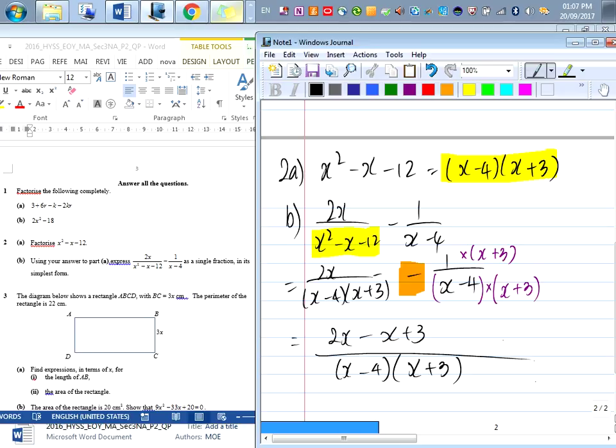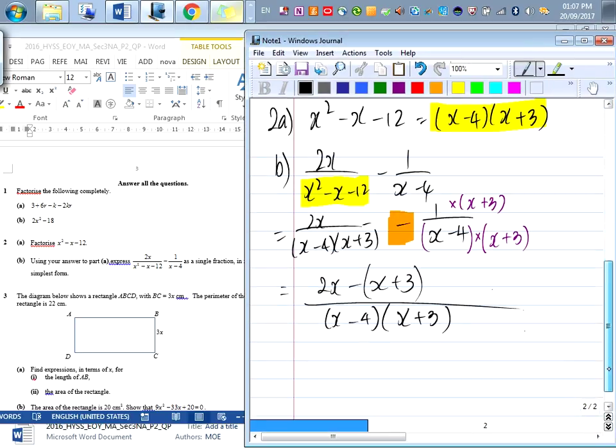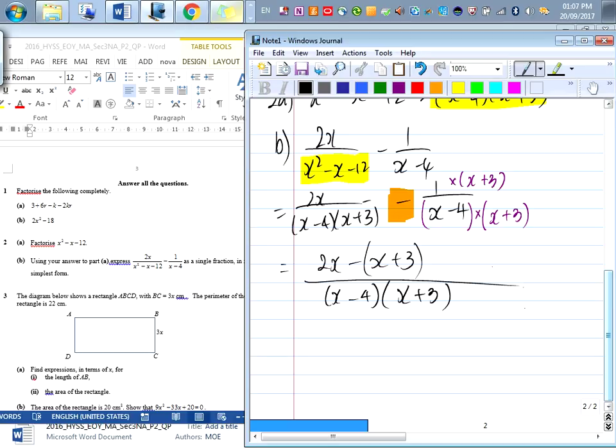What should be the correct one? It looks like this. Then from here we expand. If you don't bracket, leaving your answer like this, then you're wrong already. If you don't bracket but you are aware and you put a minus 3 over here, then it is correct.